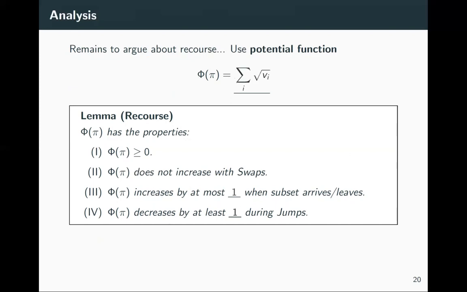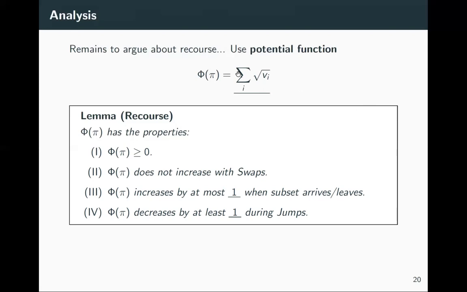So here's the potential function we use, this quantity that's the sum over i of V_i. V_i was the heights of the vertical bars in the histograms that we've been looking at. So V_i is the number of new subsets covered by the element pi_i in the permutation pi.